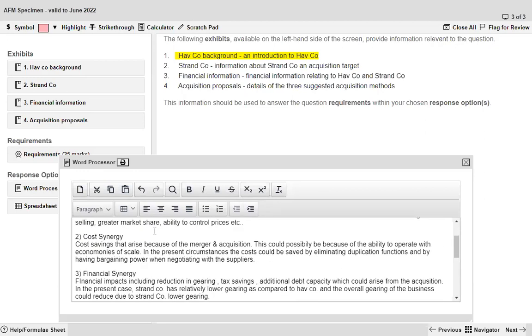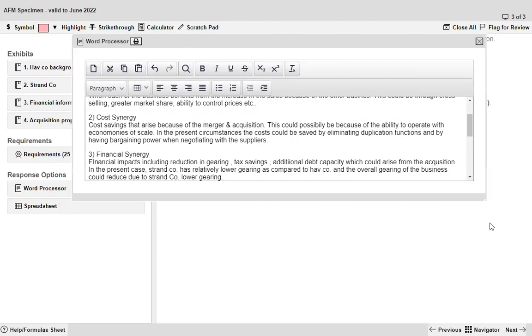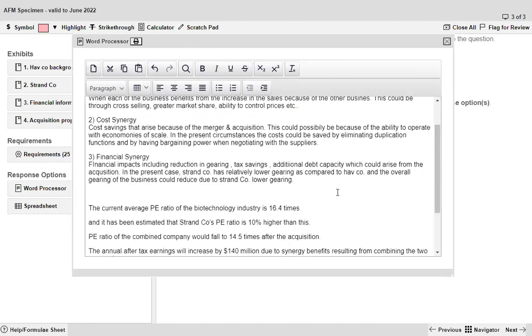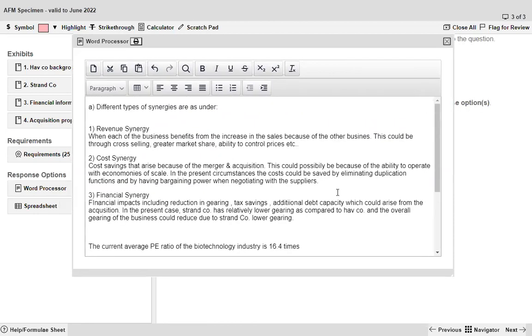So basically these are the different types of synergies that could arise. If any one of you would like to add anything, please go ahead.